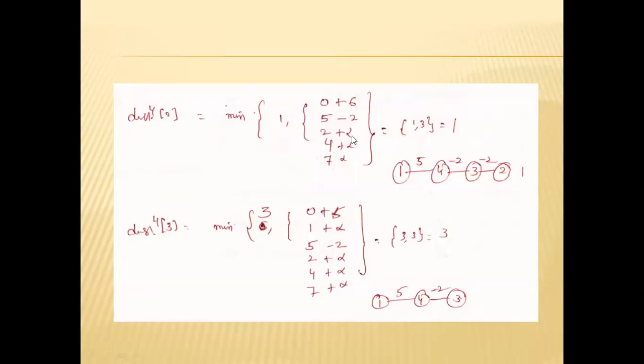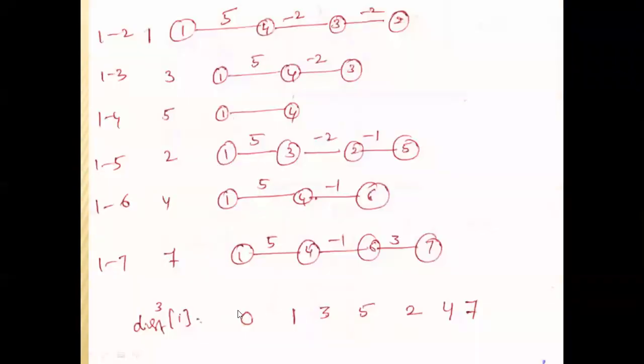And next we are calculating the 1 comma 3 shortest path, distance power 4, same 0 1 5 4 7. 0 1 4 5 7 means here we are representing the shortest path, that is 0 1 5 2 4 7, it is 3, it is 1 3 5 7.